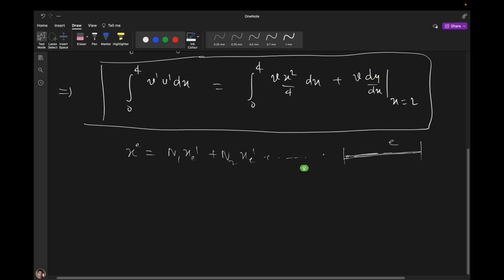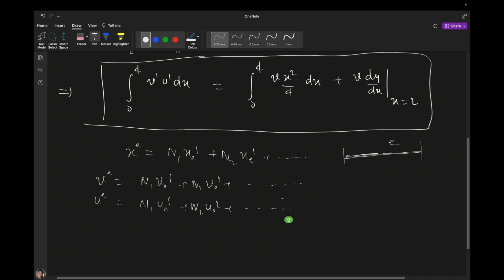Similarly, v is N1 v_e1 plus N2 v_e2 plus dot dot dot. And also u_e is N1 u_e1 plus N2 u_e2 plus dot dot dot.